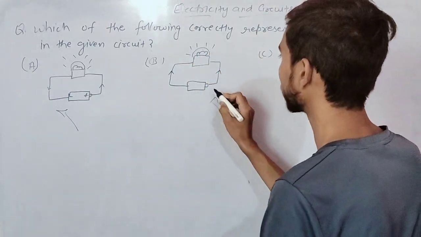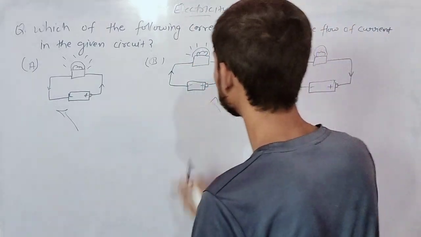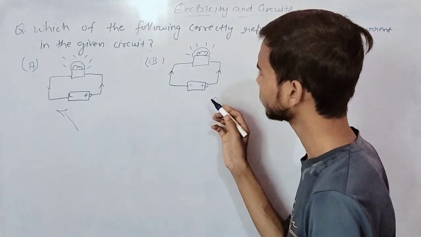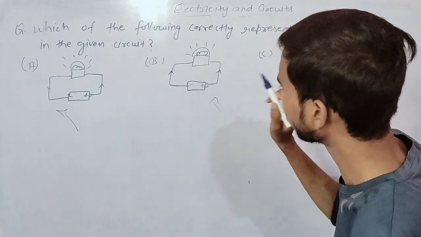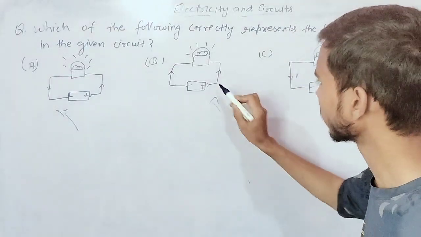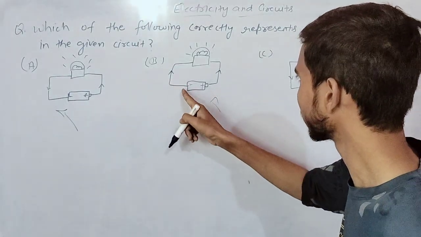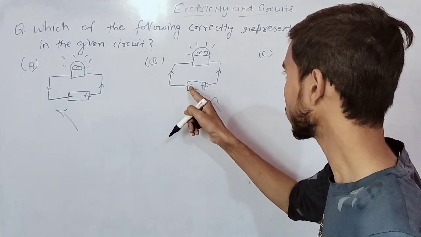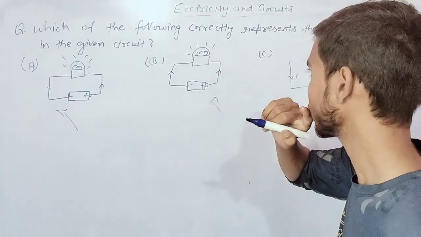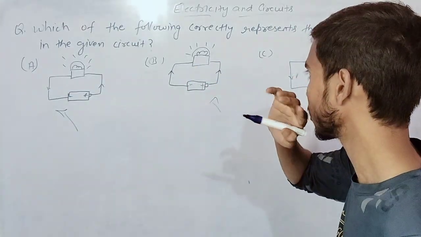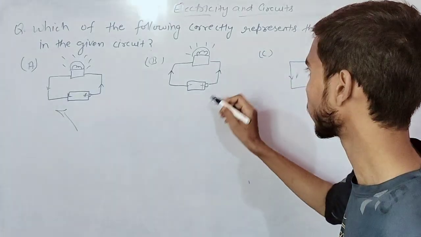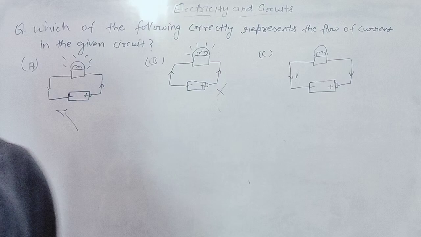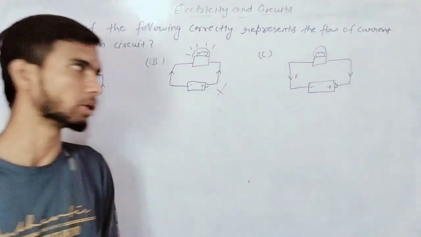But in this, what about this? Electrons started traveling from the positive terminal. Okay, till here it is correct. But here it is saying that electrons started from what? Negative terminal. No, no. Never will electrons start from the positive terminal.